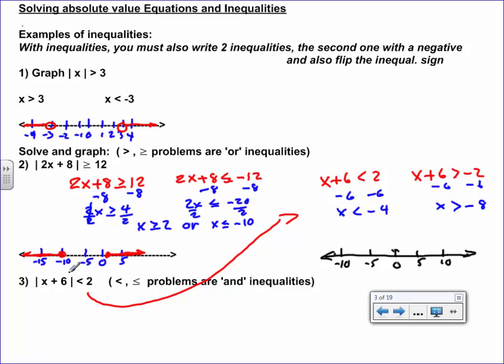Okay, the graph of x is less than negative 4 would be that. X is greater than negative 8 would be that, because it's an AND problem, as we discussed in the last section. It's where they overlap.